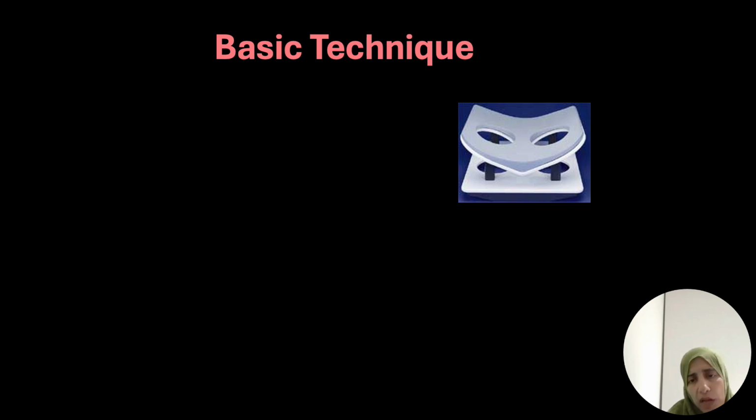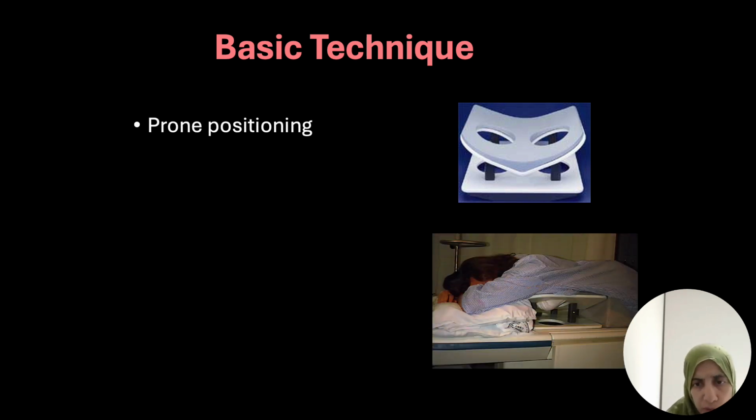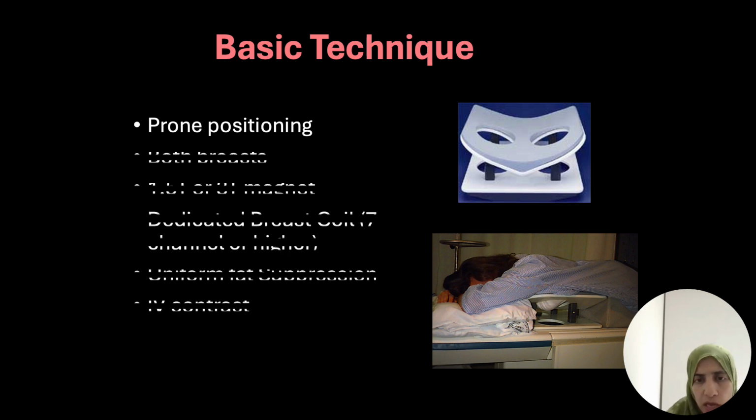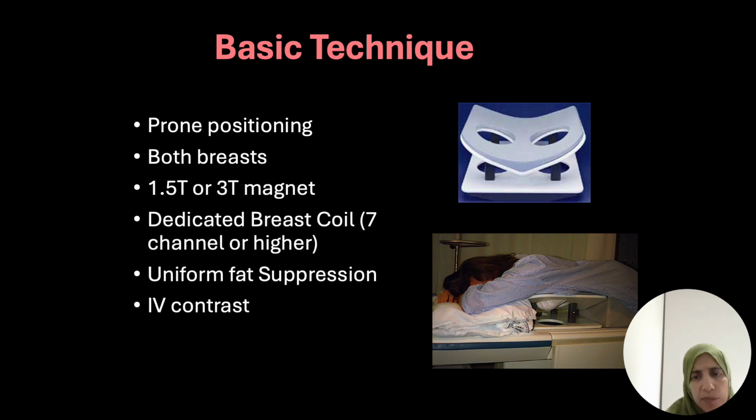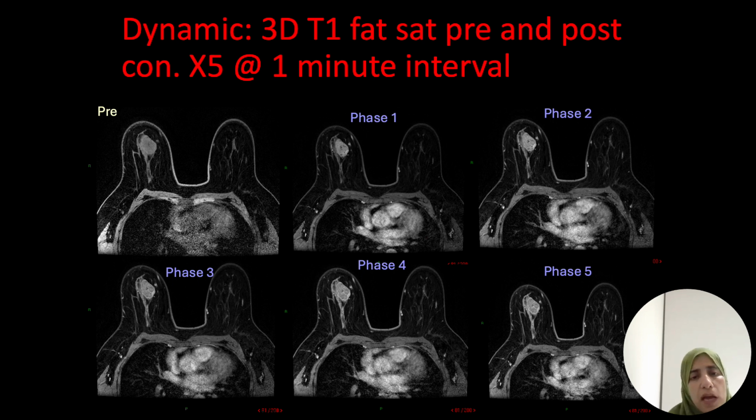The technique: we have coils with two openings, patient in prone position with the breast in these two holes, and we can scan them in a 1.5 or 3 Tesla magnet, and usually we use a dedicated coil with 7 channels, and it has to have uniform fat separation. We always do it with IV contrast.